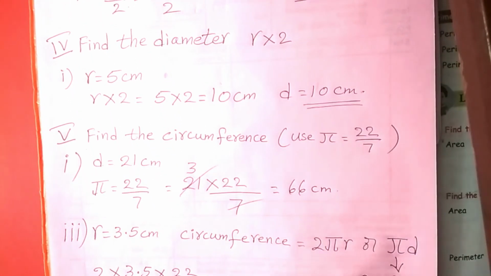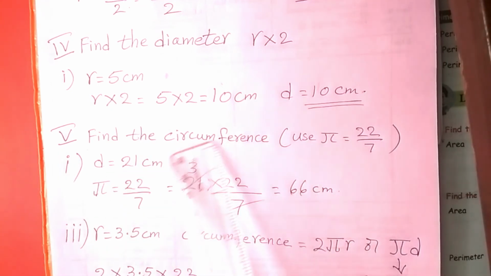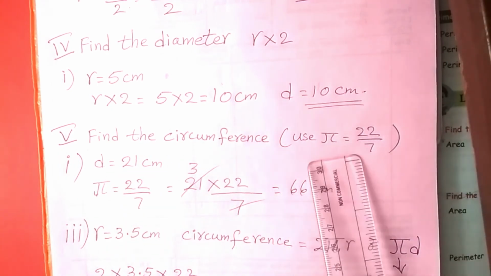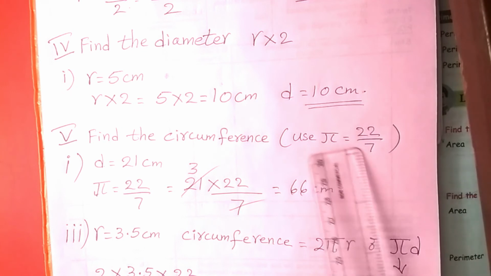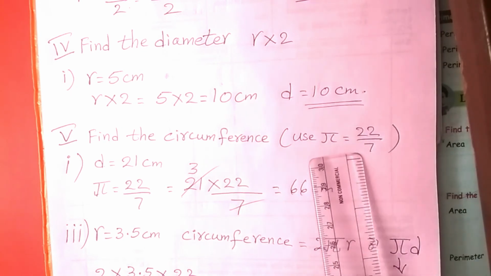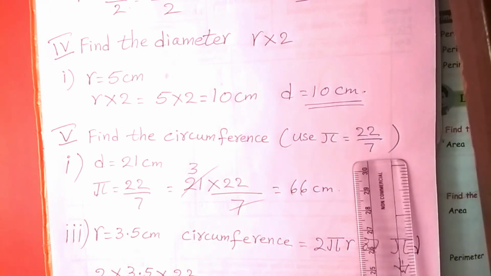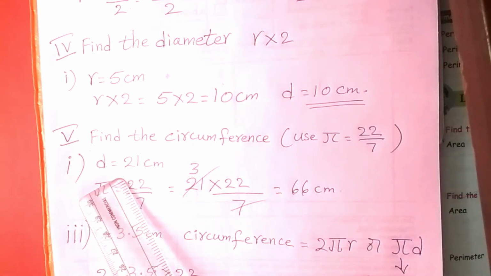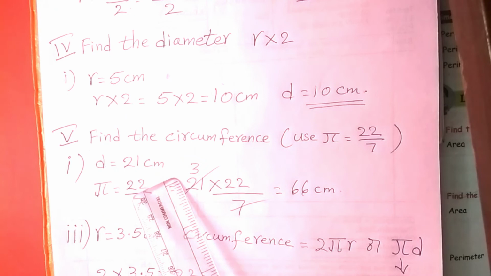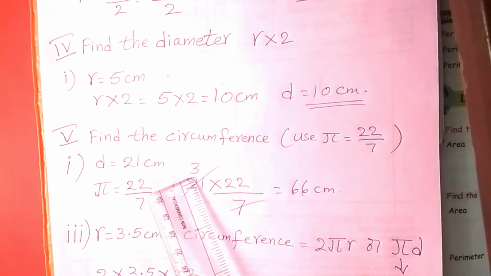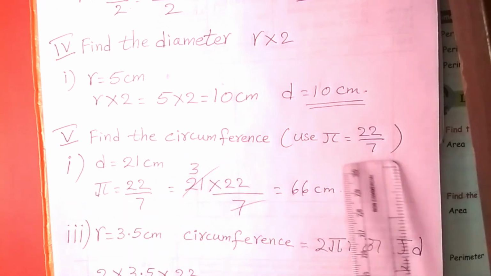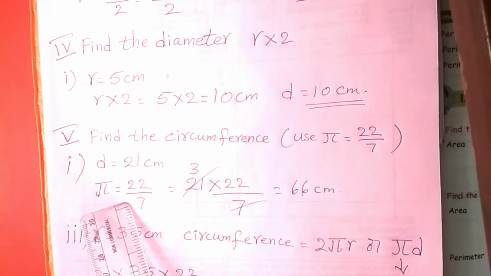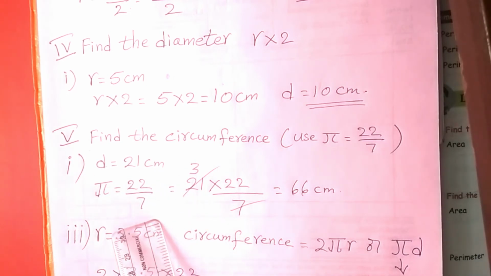Now go to the fifth question. Find the circumference. Here we have to use pi equal to 22/7. The first question, d equal to 21 centimeters, is given in your textbook. Now they are asking us to apply pi equal to 22/7.